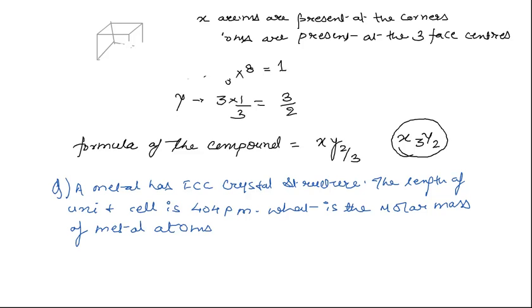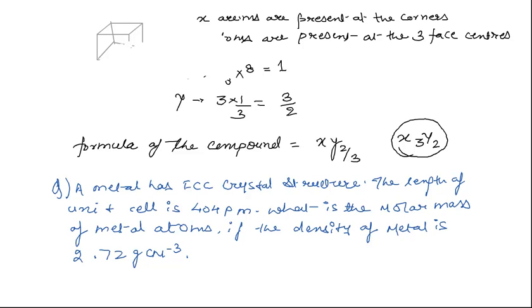If the density of the metal is 2.72 gram per centimeter cube, how will you find out? Here we have got the density with us.